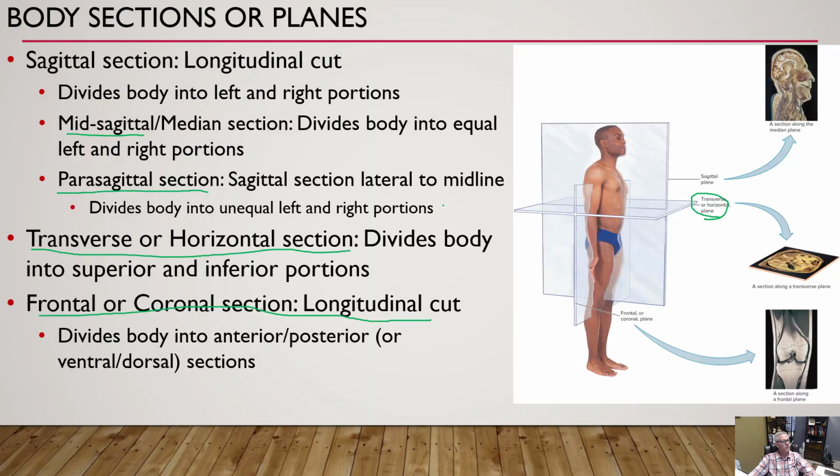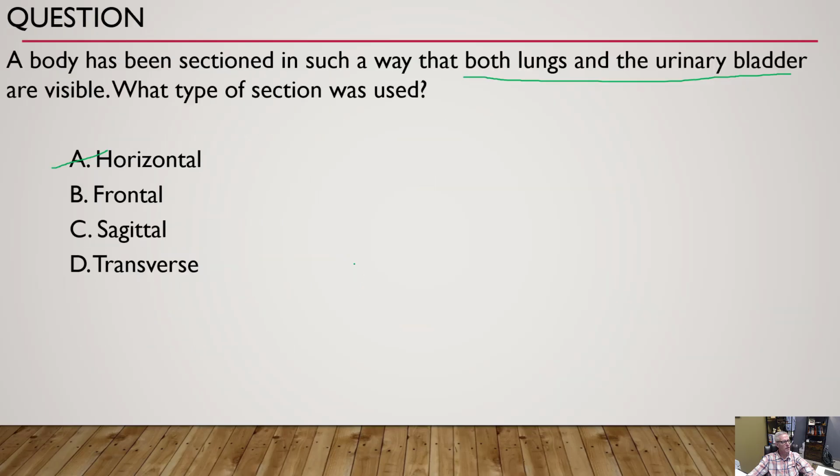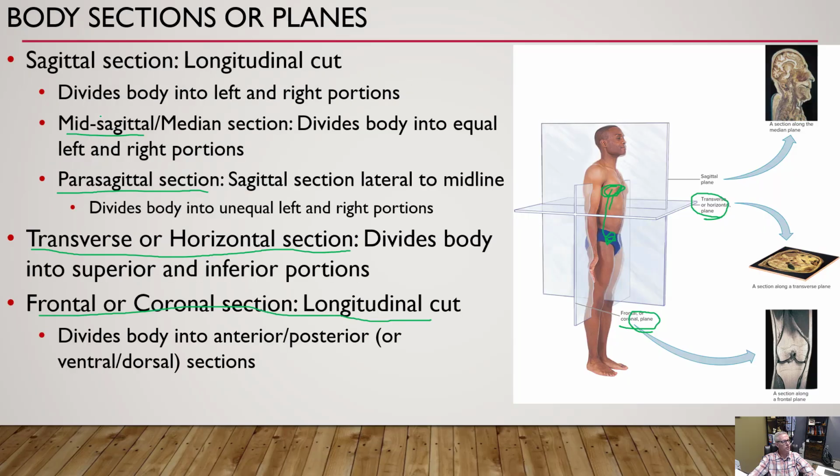So what about a frontal section? It divides the body into anterior and posterior, so we're looking at this plane. If I look at this, I could see the lungs here, and I could see the urinary bladder here. So that's a viable answer. A sagittal section would cut the body here.